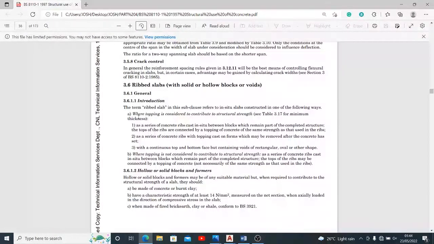So this is BS 8110 1997 part 1. Clause 3.6 speaks about the rib slab. I'm still on the method of construction, so just stay with me. According to this clause 3.6, there are two classifications, or two methods of construction, for rib slabs. So I want you to pay attention to this heading.